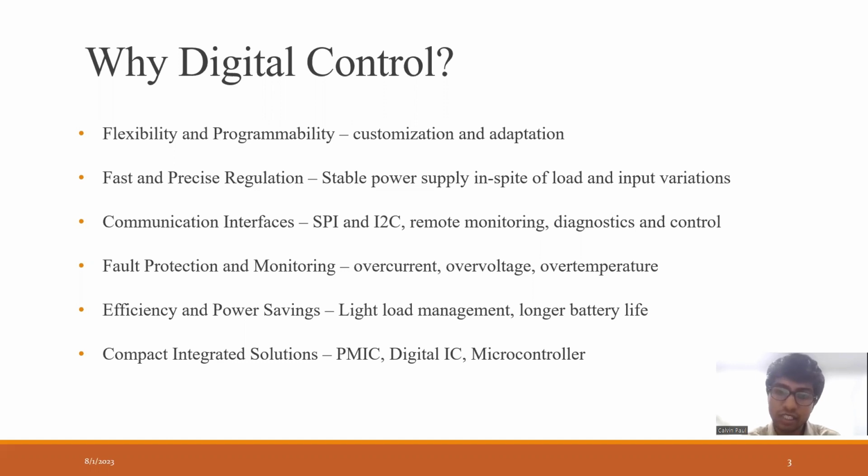Another thing is efficiency and power saving. So Sir, what is the need of communication? Communication, like we want to know what is happening, what is the voltage level, what is the current level. So one example, let me give you. Now we have a specific application and it is not running, like suppose there's a light bulb at some place.